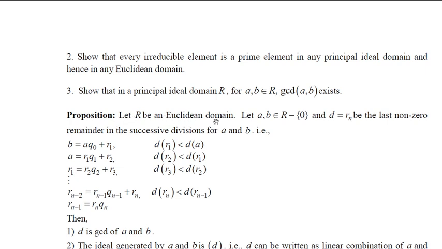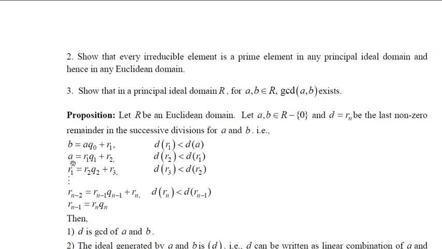Suppose R is a Euclidean domain and a and b are any two non-zero elements of R, and d is the last non-zero remainder in the successive divisions of a and b in this fashion. When you divide b by a, we get b equals a times quotient q0 plus r1, by the division algorithm, with d value of r1 less than d value of a.